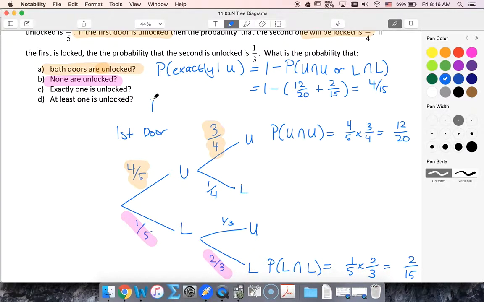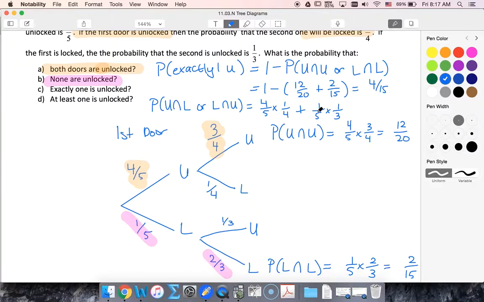Or I could say the probability of unlocked and locked, or locked and unlocked. So to do that, unlocked and locked would be 4 out of 5 times 1 out of 4, plus locked and unlocked is 1 out of 5 times 1 out of 3.